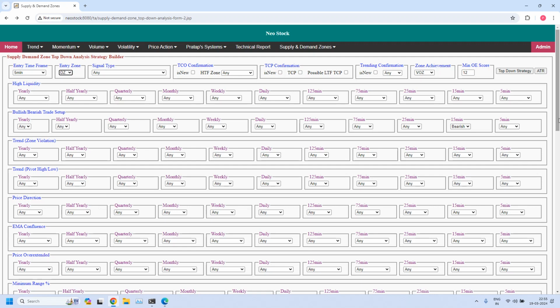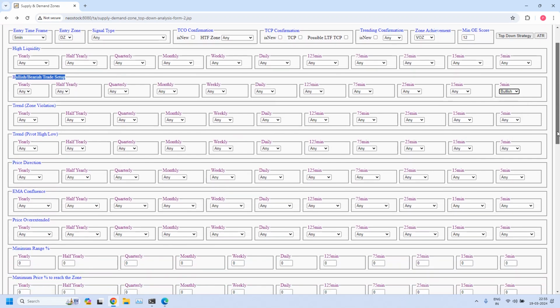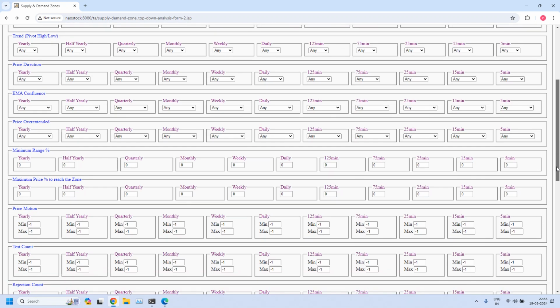Even here, bullish or bearish trade setup has to be set for 5 minutes, not 15 minutes. So here it could be any 5 minutes. I am selecting bullish, and next the pierced count also I want to change.